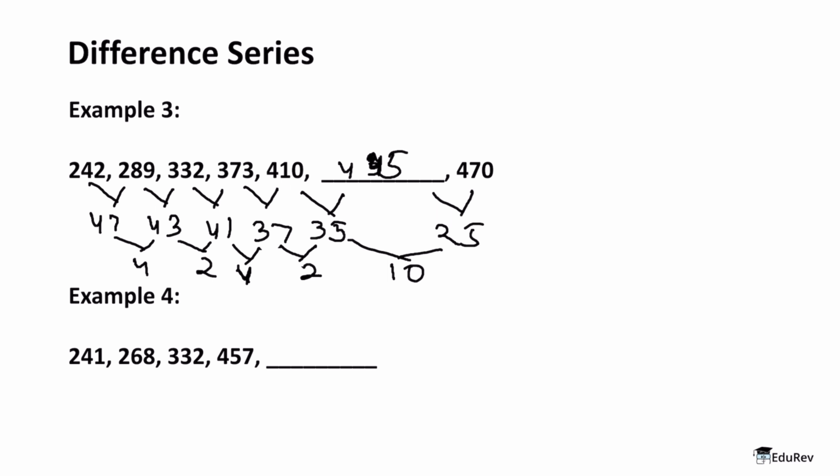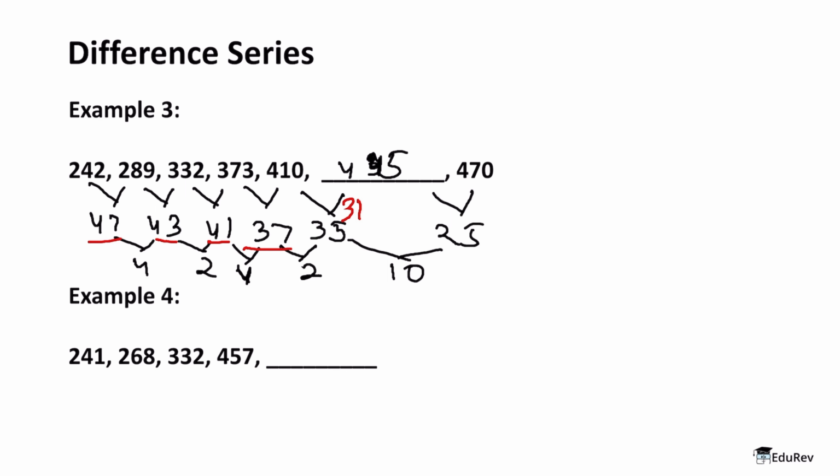Here actually the pattern which is running is decreasing consecutive prime numbers. As you can see, 47 is a prime number, 43 is a prime number, 41 is a prime number, and 37 is a prime number. And after 37, our next prime number is 31.